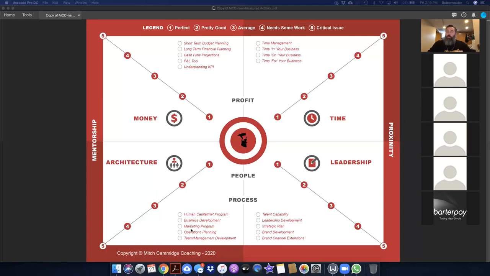Our business needs a way to do this, and inside of the architecture quadrant or cornerstone for the business, having an HR program and understanding what the obligations are when it comes to the people that we have in our business is desperately important.